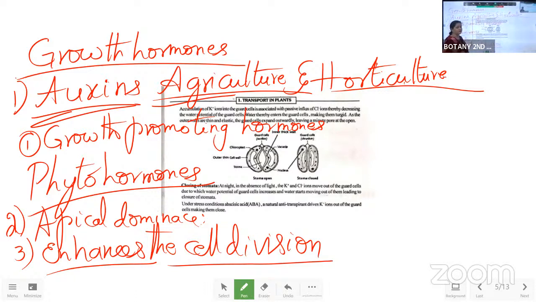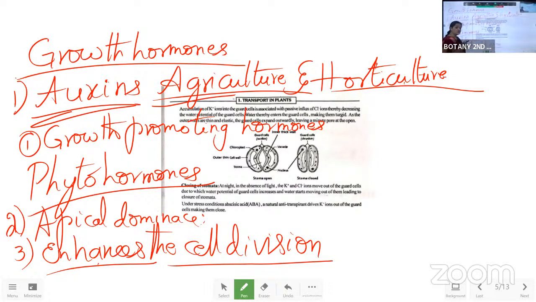Enhances means a drastic, enormous increase. That means it makes the cells divide, redivide, many times faster than any other hormone.